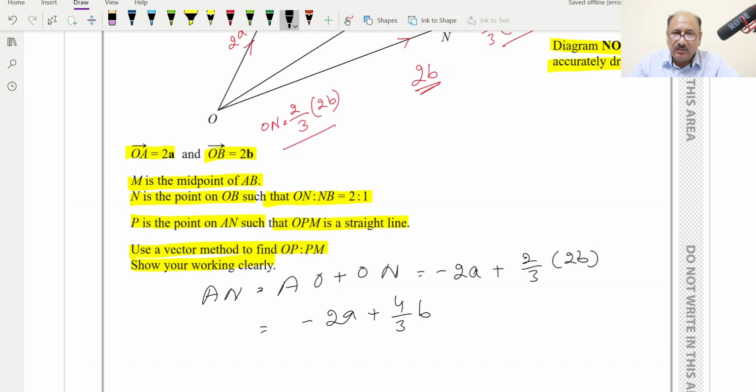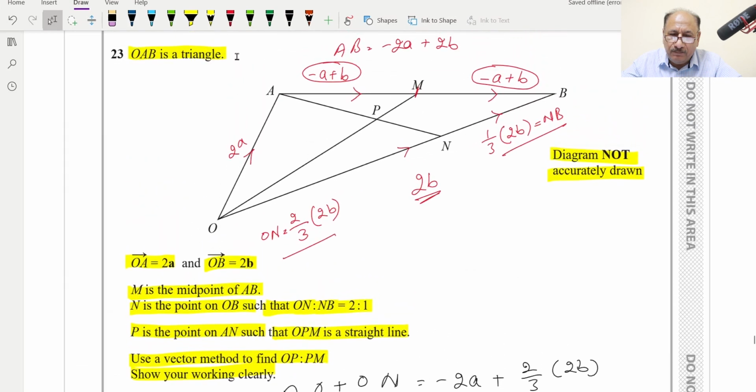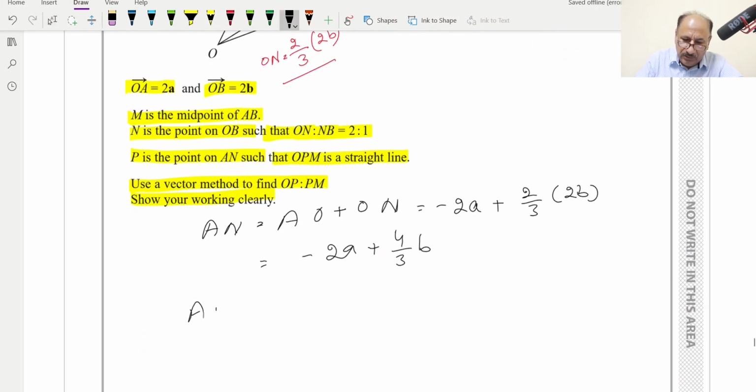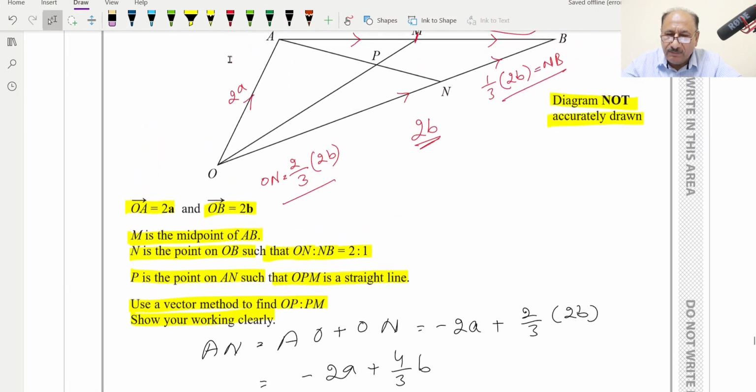Similarly, we can find AP value. AP will be equal to K into AN, so some constant multiplied by AN.